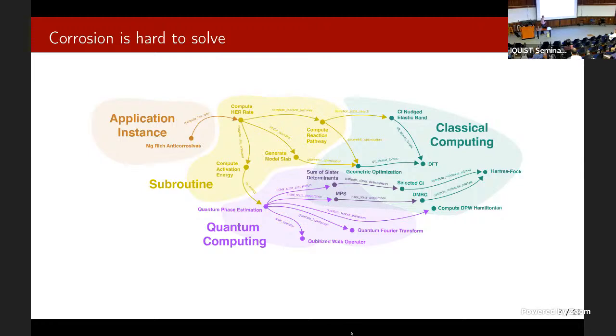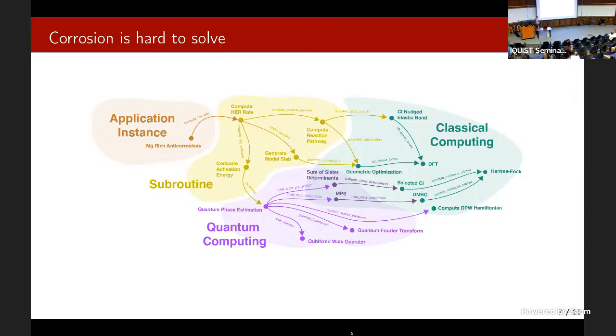What we really focus on in this work is generating the quantum computing resources required, but we try not to forget the fact that there are extra classical resources that are necessary to pre-process the data to get it into a form that you can then load onto a quantum computer, or post-process the data to actually compute, say, a hydrogen evolution reaction rate, an HER rate.